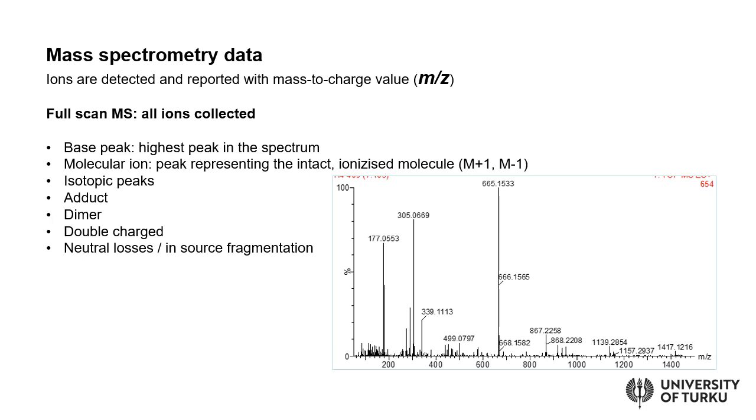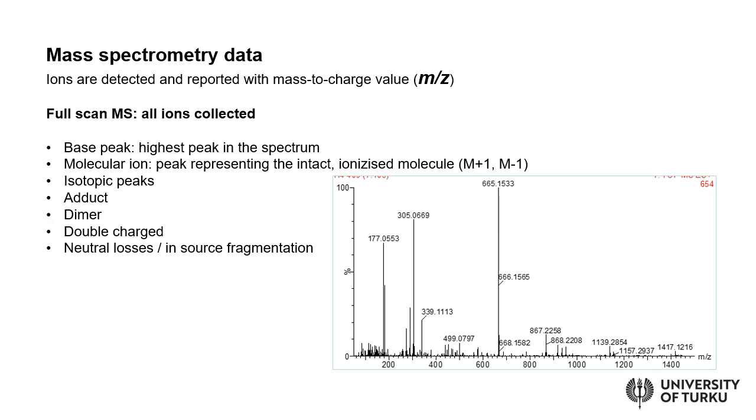So it's always either +1 or -1 from your actual molecule, because it's ionized, so there is one proton added or one proton taken out. And then the z is the charge, whether the compound is multiple charged or single charged.